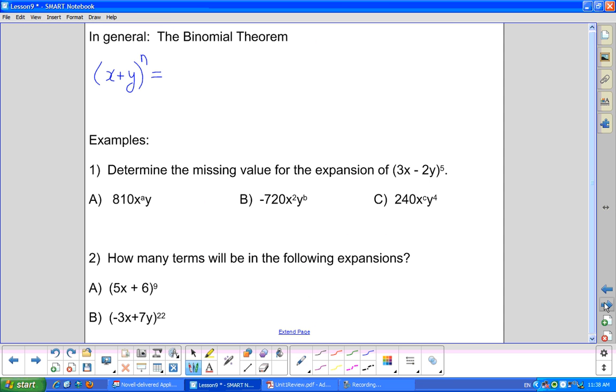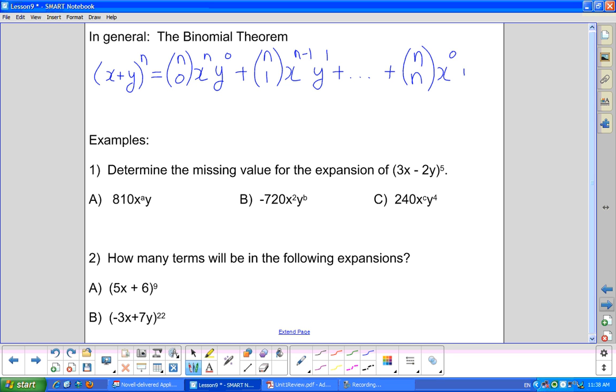So what it says is n choose 0, x to the n, y to the 0, plus the next term would be, using combinations, n choose 1, the x exponent goes down by 1, and the y exponent goes up by 1. And that will continue until you get to n choose n, the last term in Pascal's triangle in that row, when the x exponent becomes a 0, and the y exponent becomes an n. So that is the binomial theorem. That's the actual formula.